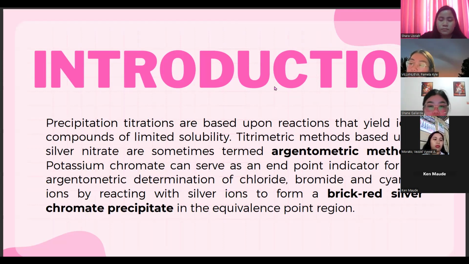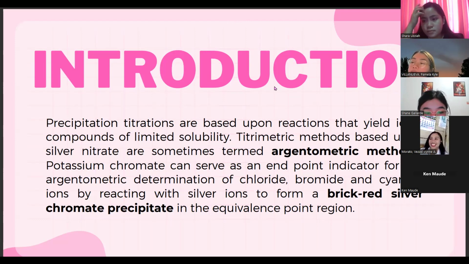This indicator is particularly useful in our argentometric determinations because it can monitor the formation of precipitates, making it easier to determine the concentration of target ions in the solution. Next slide.